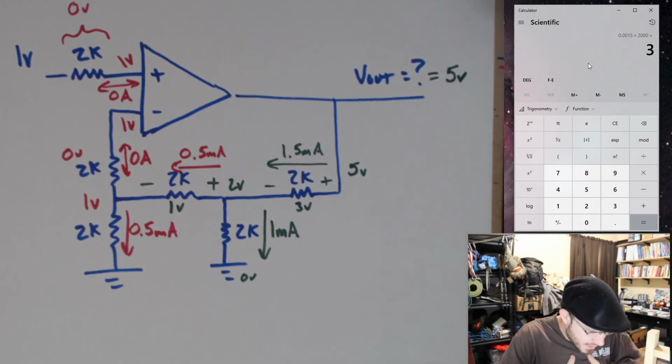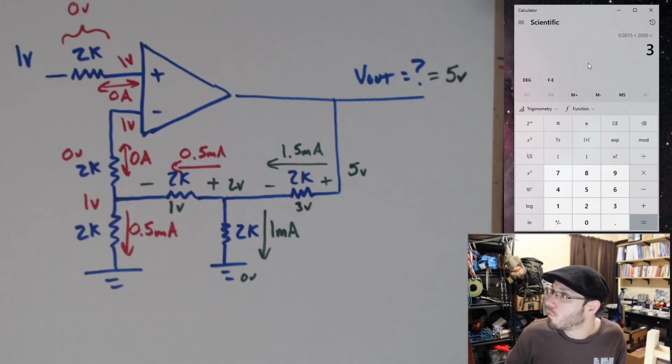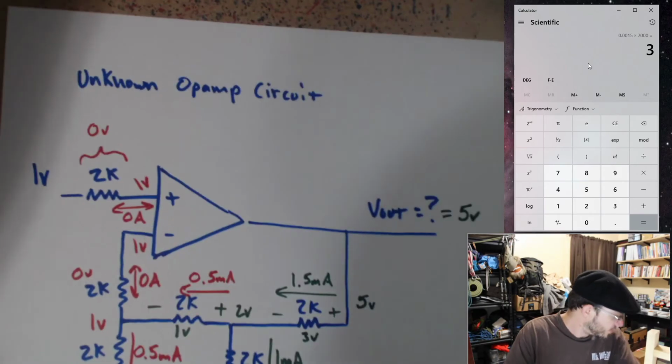Let's do this one more time for practice, but I'm going to change that input over to 2 volts.